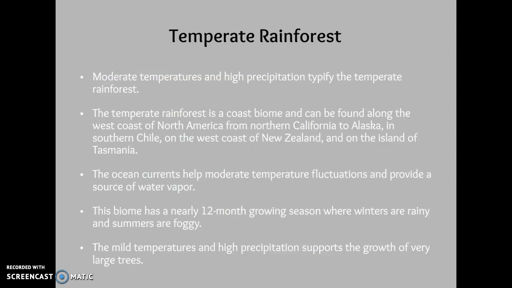That's one of the reasons why it gets so rainy. It can be pretty foggy in these areas, but the temperatures are still pretty mild because of their locations, still far away from the equator. We're talking about parts of Northern California, Washington State, Oregon, and in the Southern Hemisphere, the coastline of Chile and New Zealand.